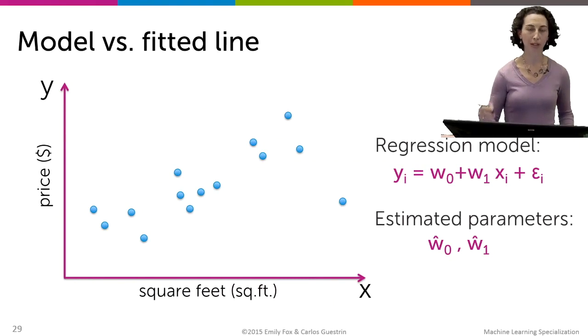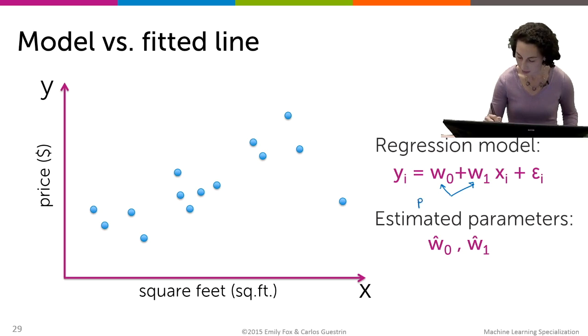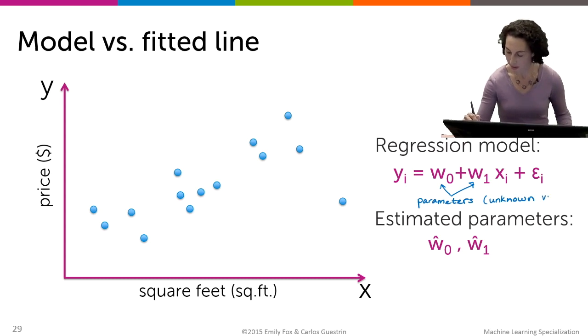Let's start by contrasting the model from the fitted line. So our model, which I've written again here, is in terms of parameters. These are parameters. They're unknown variables of our model.